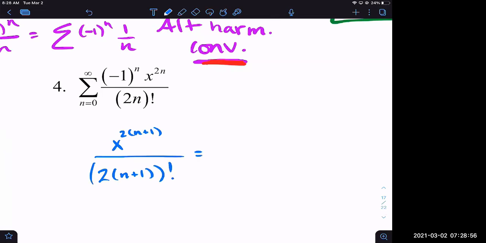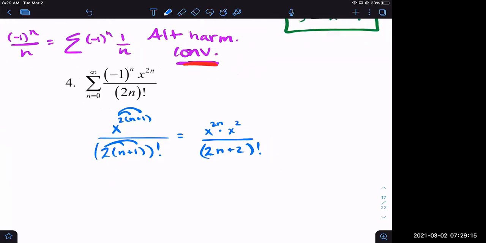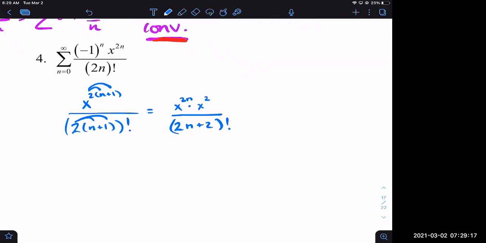I'm going to simplify, that's 2n plus 2, so I've got x to the 2n times x to the second. Is all right with that. The denominator, when I distribute, I have 2n plus 2 factorial. So there's my n plus 1 term.